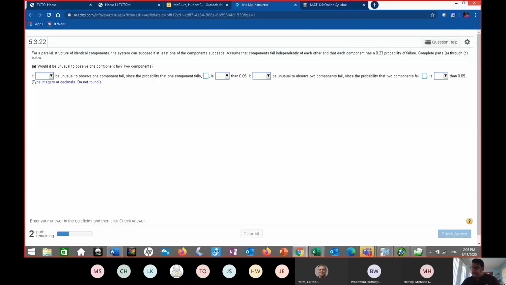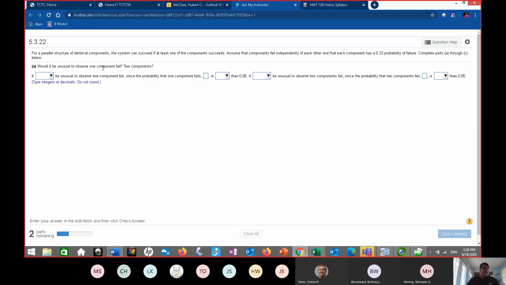Therefore, component not failing is what? Well, no, it's the complement. Component not failing is equal to 0.77. That's the complement. All right. Okay, now I don't know if we need that or not. I don't know what they're asking because I've never seen this question before.